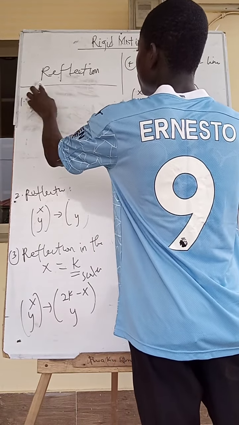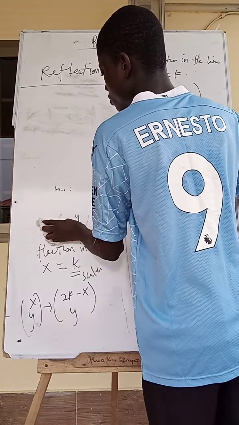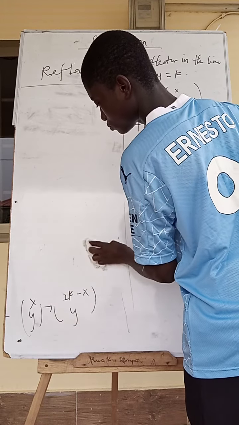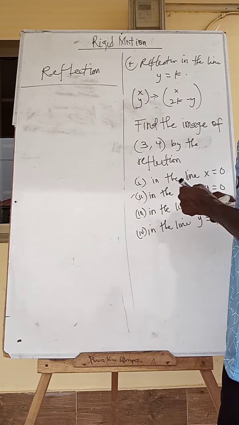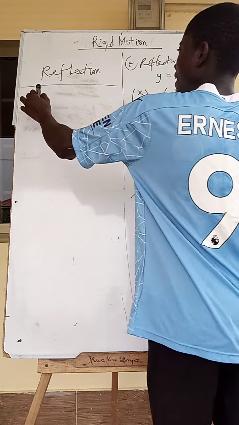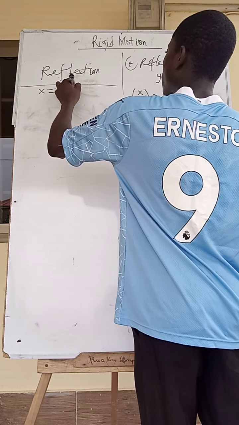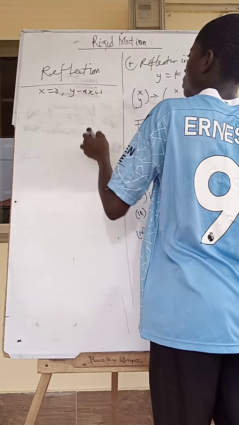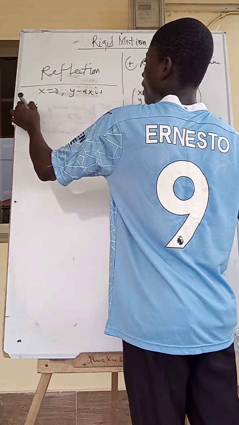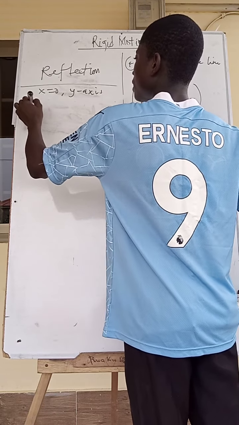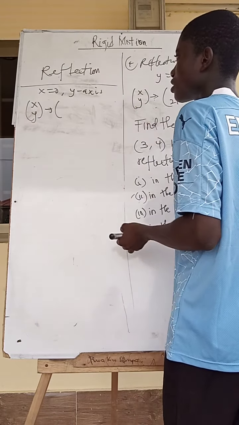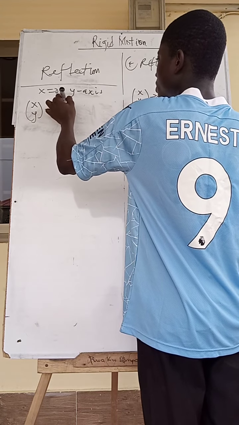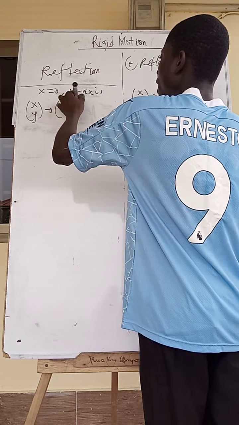So let's try the first one. We are going to solve two examples. The first one, reflection in the line x equals 0, or the y-axis. So quote your formula: (x, y) maps to reflection in the y-axis, so we have (-x, y).